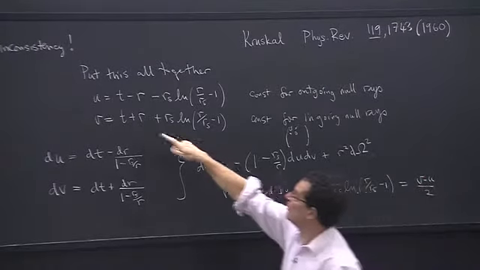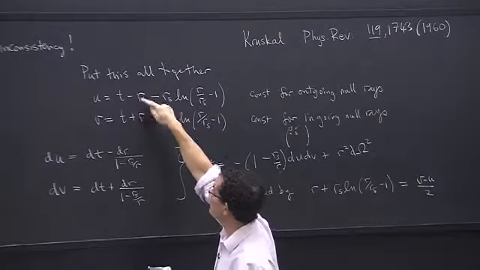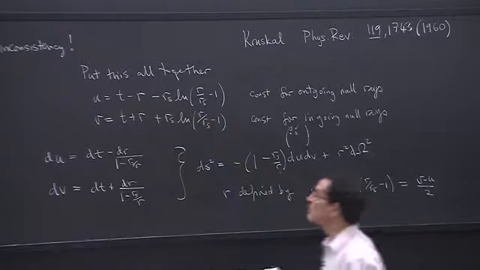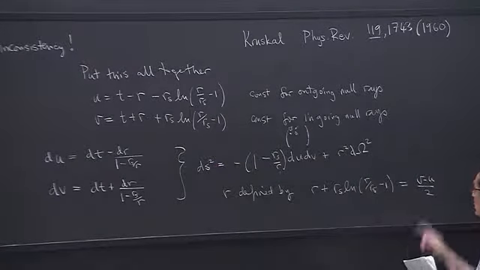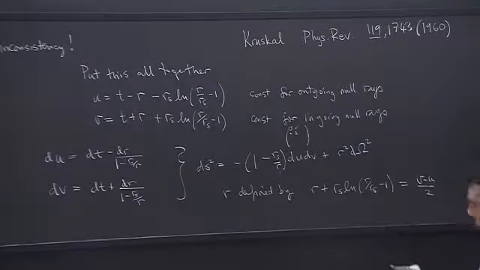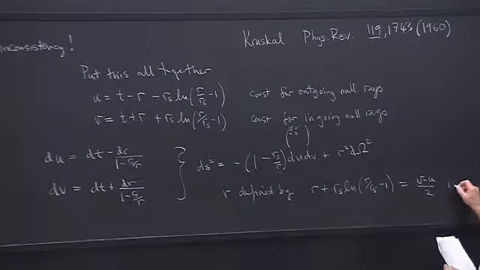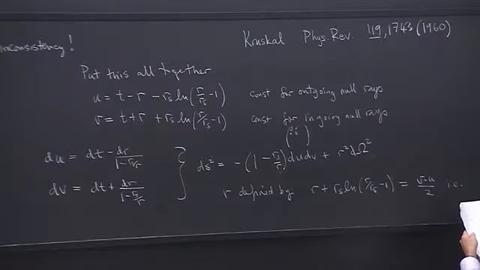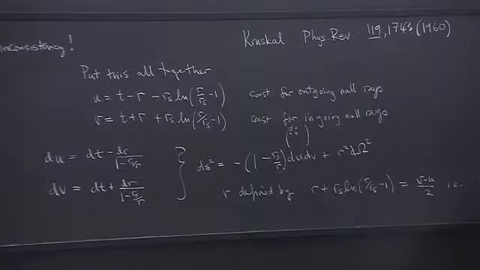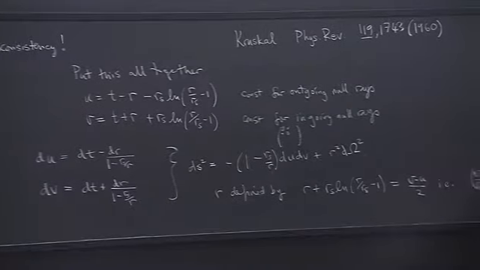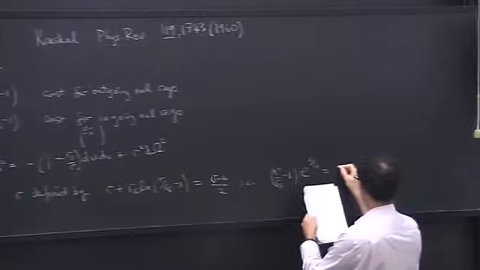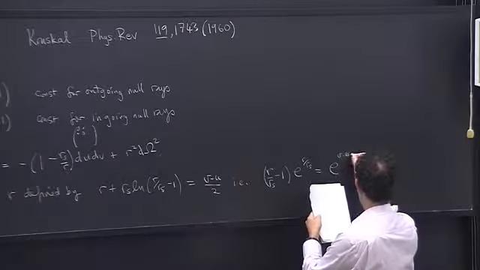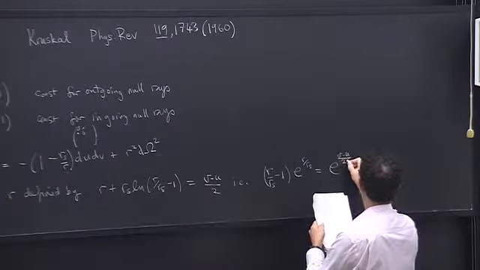If I take V minus U over 2, I get 2R from here, and I get twice the log. So divide by 2, and I get this formula, i.e. R over RS minus 1 multiplied by e to the R over RS is equal to e to the V minus U over 2RS.